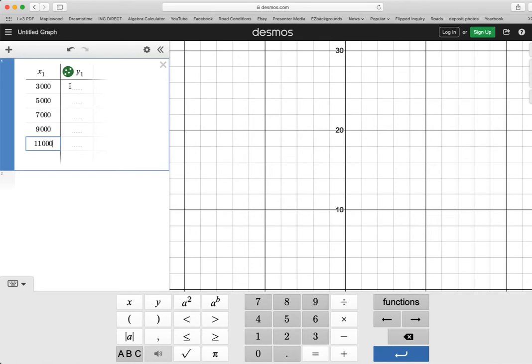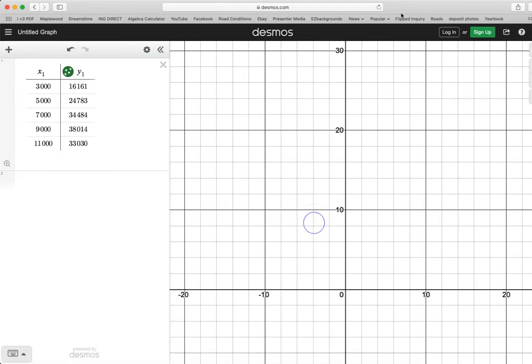And then in our y column, we're going to put in 16161, 24783, 34484, 38014, and 33030. Okay, so we've got all of those in, but where are they on the graph?